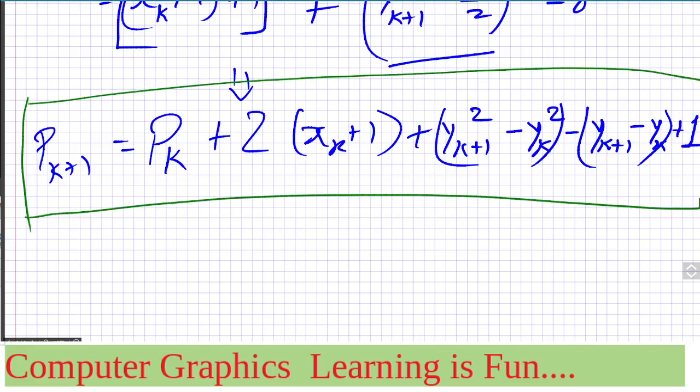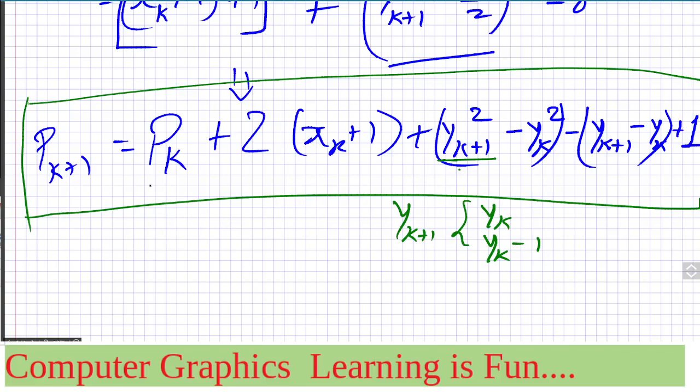Here a few things that you are able to understand: what is yk plus 1? This yk plus 1 will be either yk or yk minus 1, right?